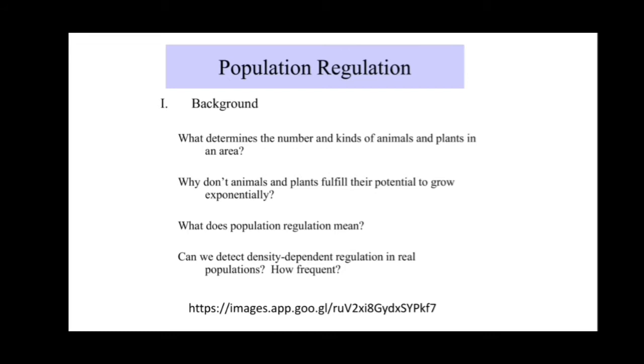What determines the number and kind of animals and plants in that particular area? Why don't animals and plants fulfill their potential to grow exponentially? What does population regulation mean? And can we detect density dependent regulation in a real population, and how frequently?